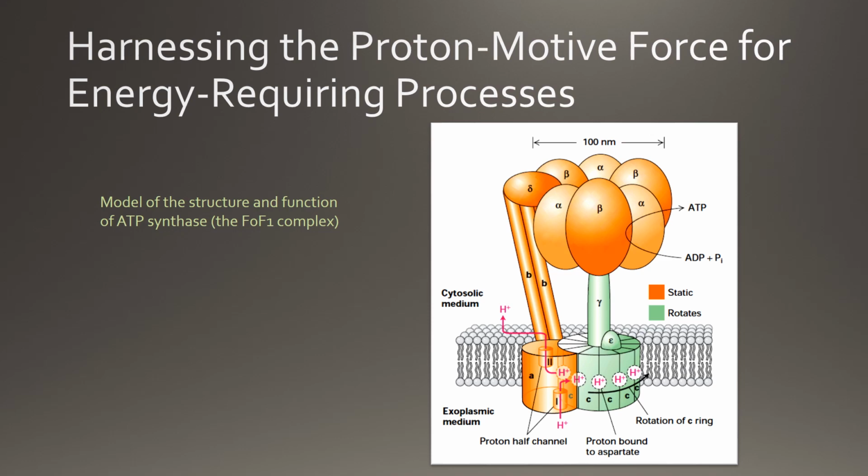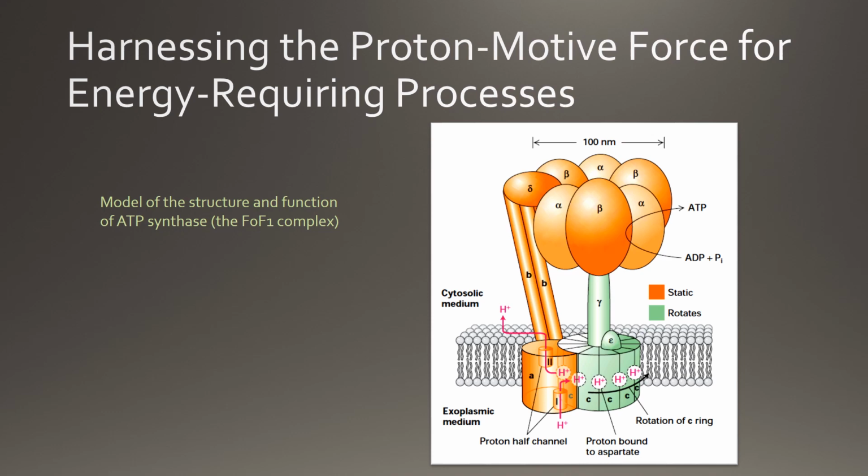When ATP synthase is embedded in the membrane, the F1 component forms a knob that protrudes from the cytosolic phase, as demonstrated in this picture. Submitochondrial vesicles from which F1 is removed by mechanical agitation cannot catalyze ATP synthesis.